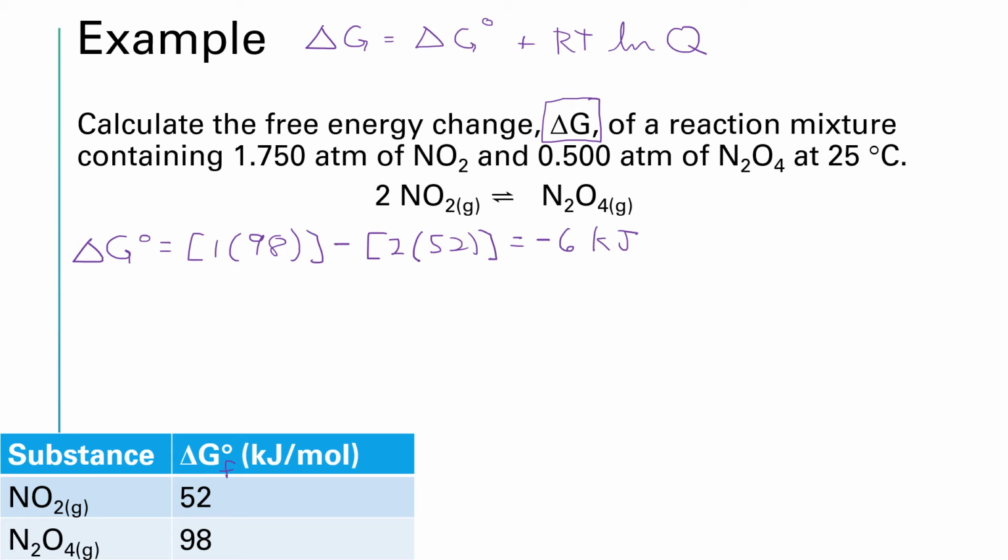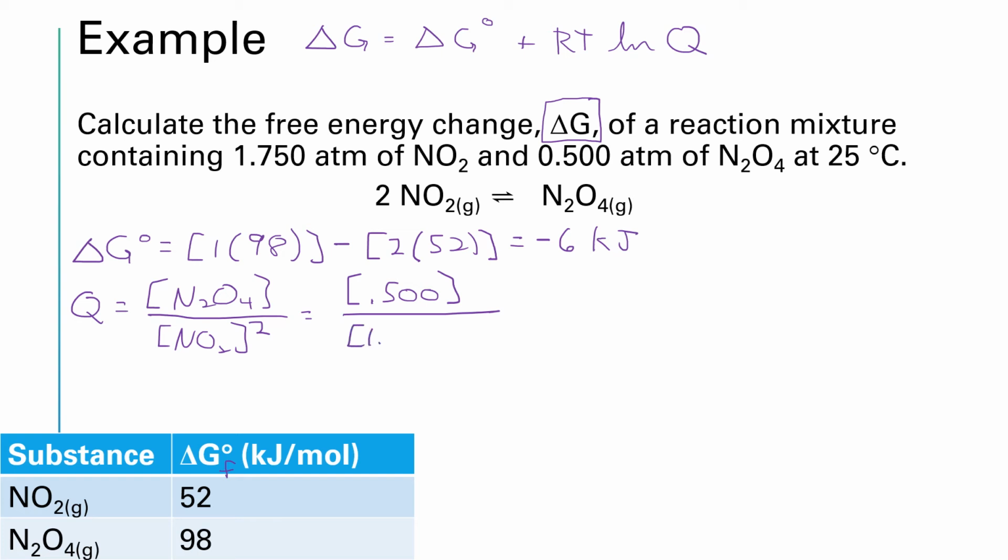For calculating Q, Q is going to be products over reactants. So that's going to be N2O4 divided by NO2, and NO2 has a coefficient of 2, so it's squared. N2O4 has a pressure of 0.5 atmospheres, and NO2 has a pressure of 1.750 atmospheres, and we're going to square that.